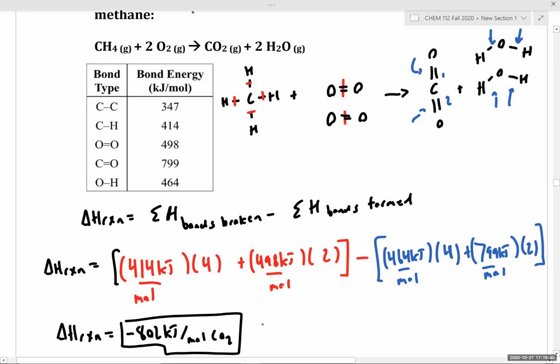So as we can see, this reaction is relatively exothermic, and as a result will generate a fair amount of heat. Does this idea make sense to everyone?